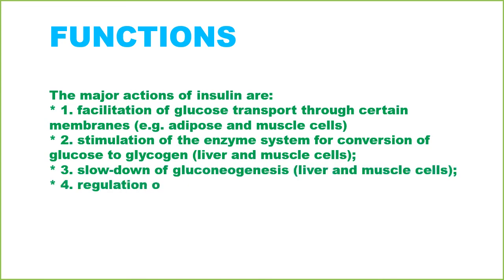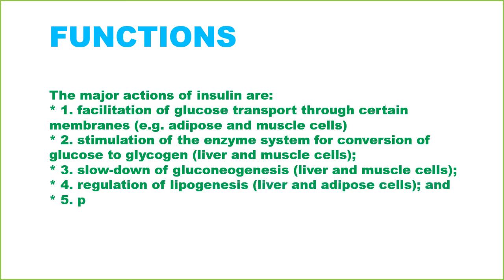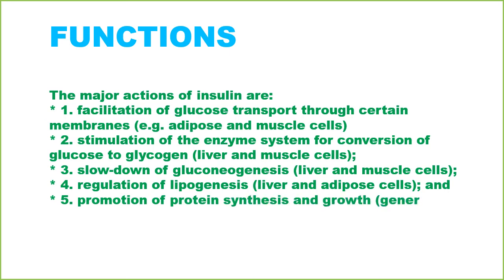Now gluconeogenesis is the production of the glucose, so there is slow down of the glucose production. Number four, there is regulation of the lipogenesis. Now lipogenesis is the production of the lipids. So if there is more lipid production, then there can be more uptake of the glucose into the adipose cells. Now there is also promotion of the protein synthesis and growth, which is general.